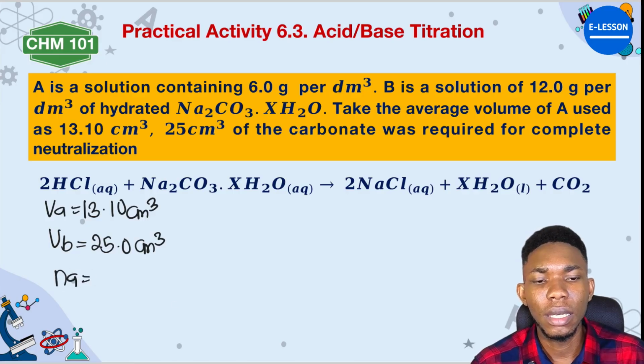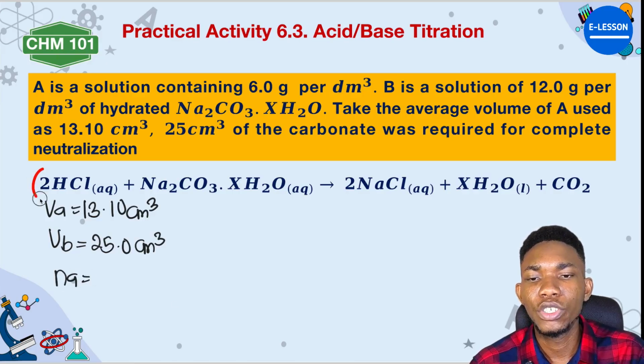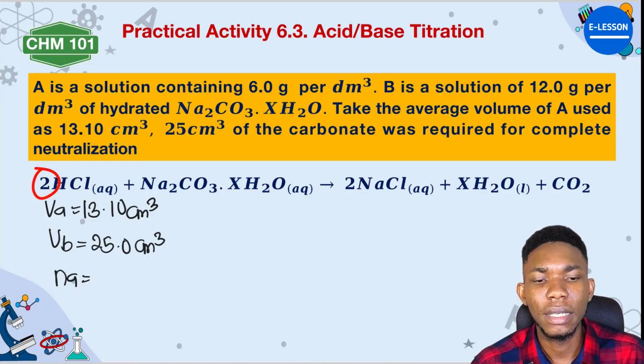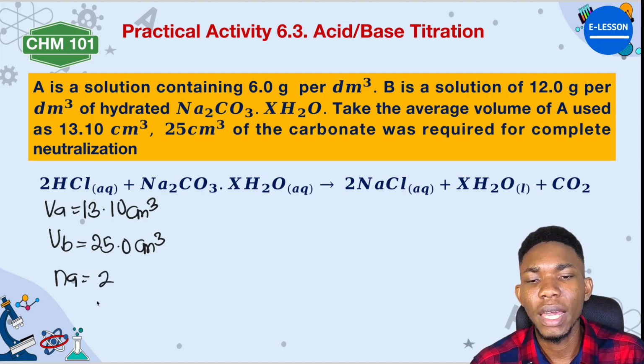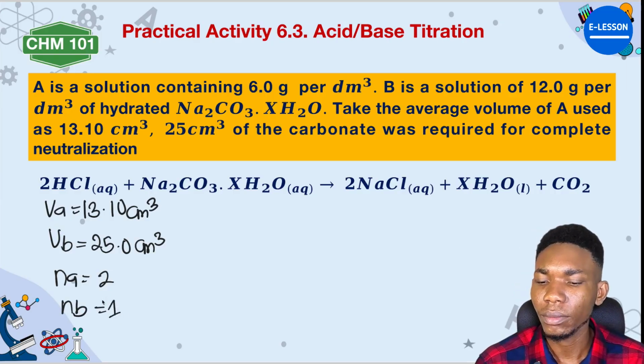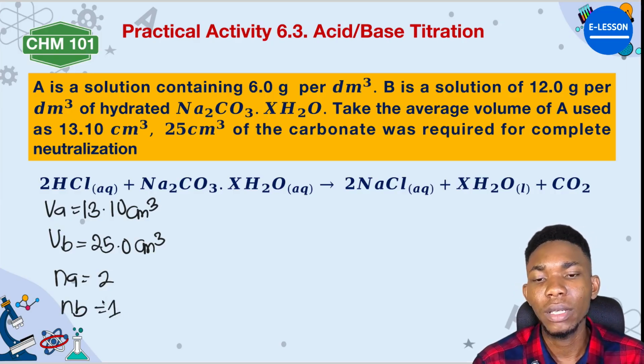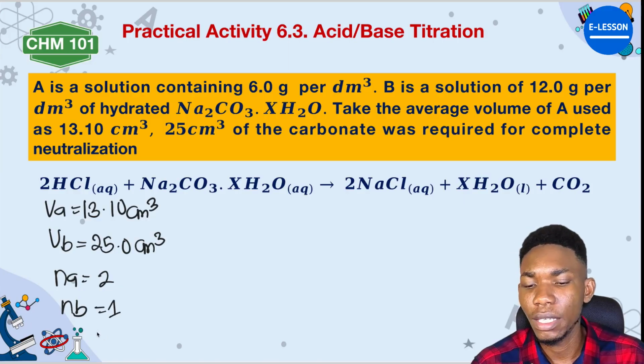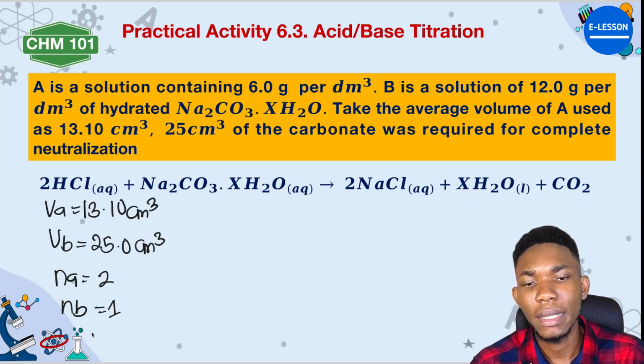The molar ratio of the acid to the base is 2:1. So we have Na as 2, Nb as 1. Is that okay? Now, let us calculate the concentration of the acid in mole per dm cube, our Ca.